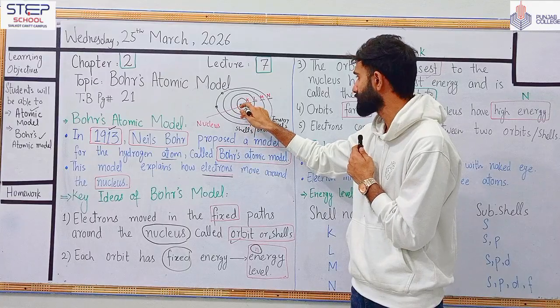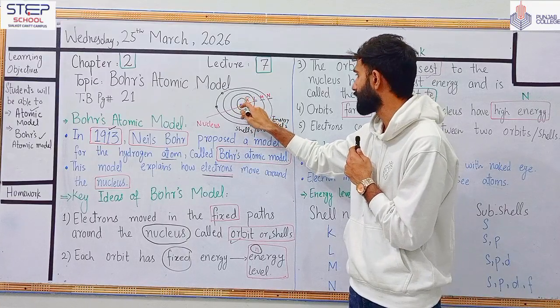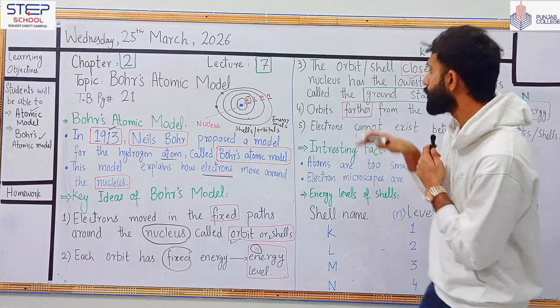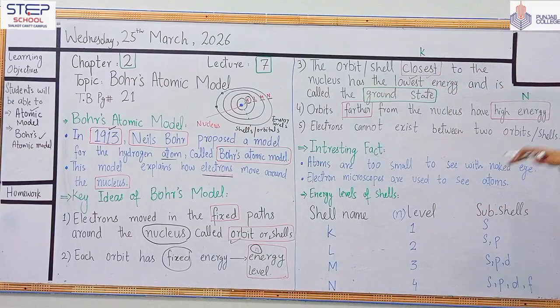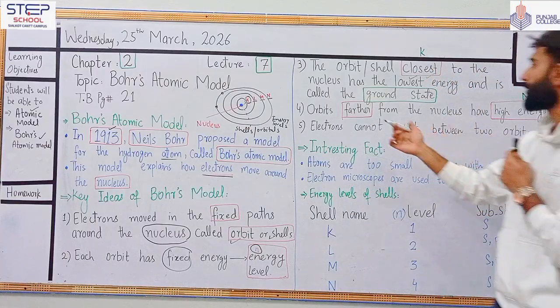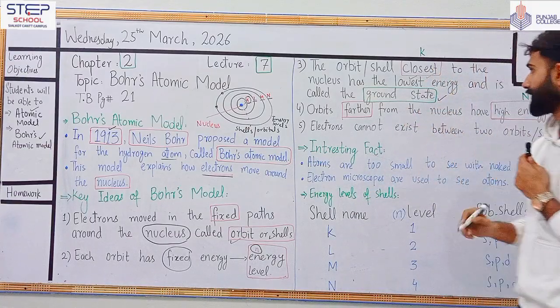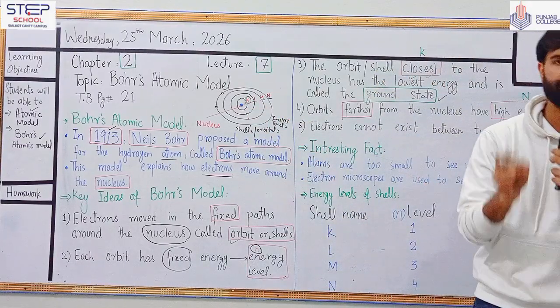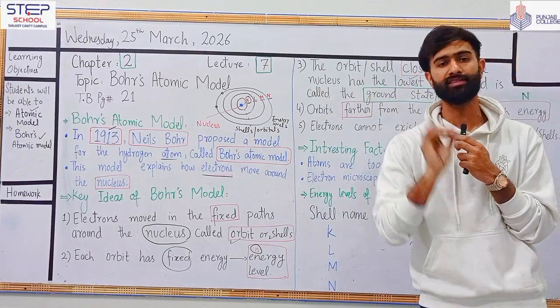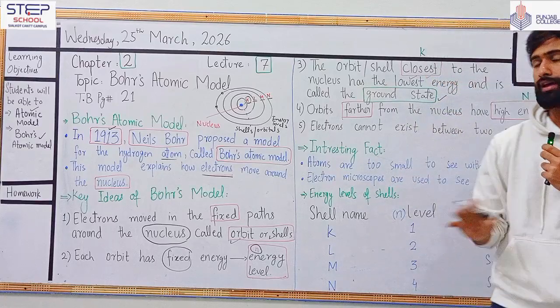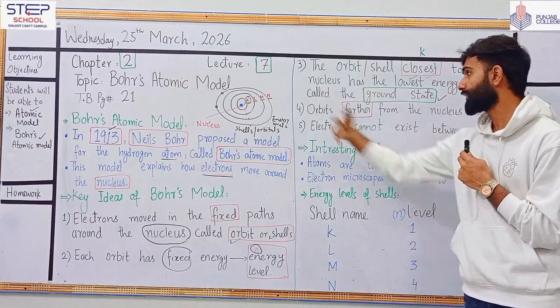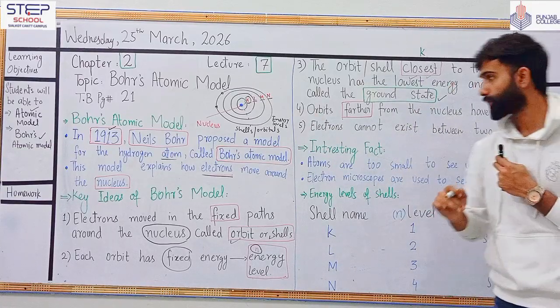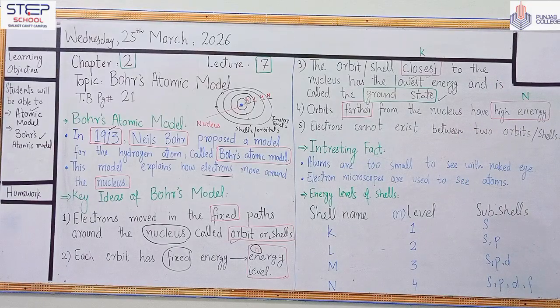The closest shell to the nucleus is K. So K has the lowest energy, and it is also known as the ground state shell. The shell closest to the nucleus is called the ground state, and it contains the lowest energy as compared to the other shells.